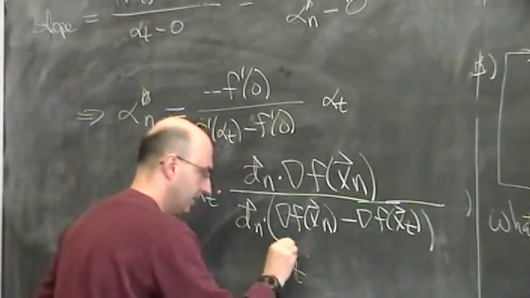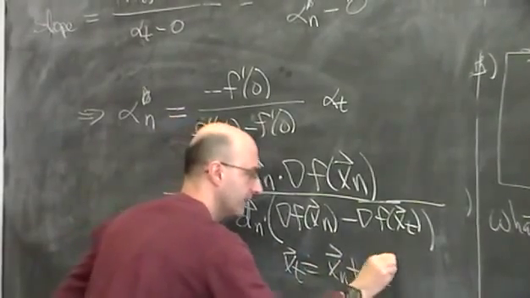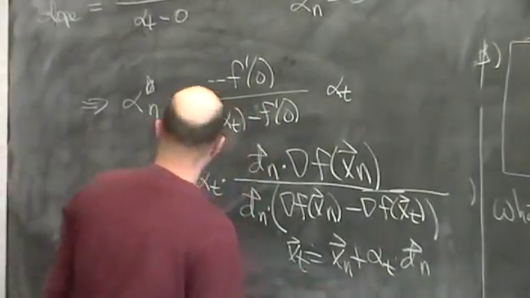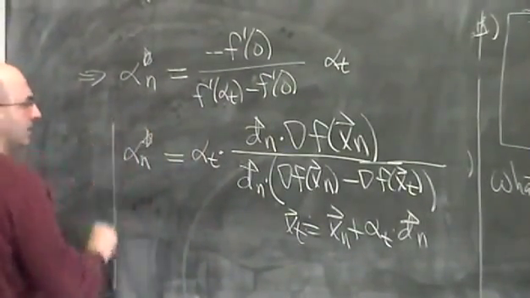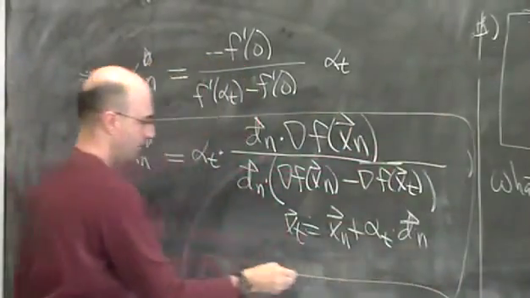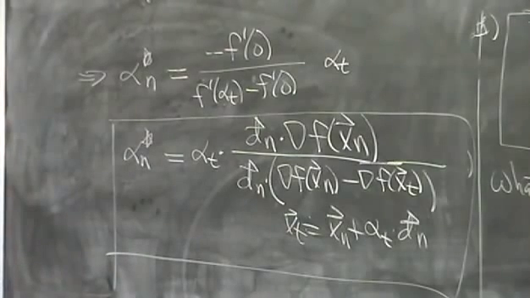Where x trial, as we said, was the starting point plus the trial step times the search direction. And that's a quite robust algorithm, as you'll see. Very simple. But gets the job done. Why make something more complicated than you have to? Particularly when that usually creates bugs.